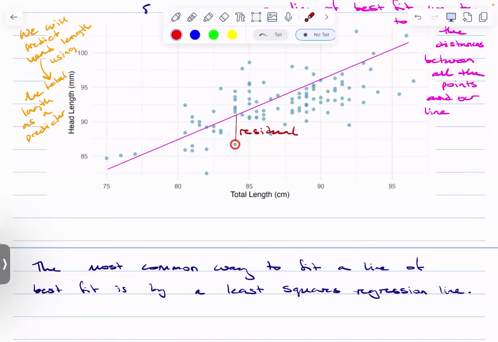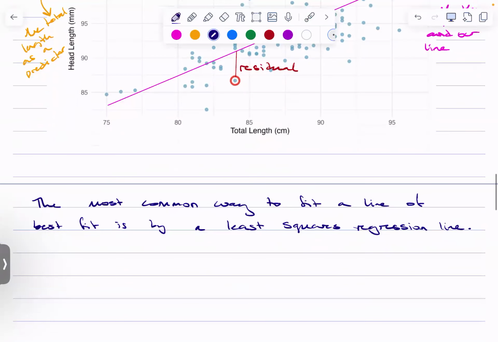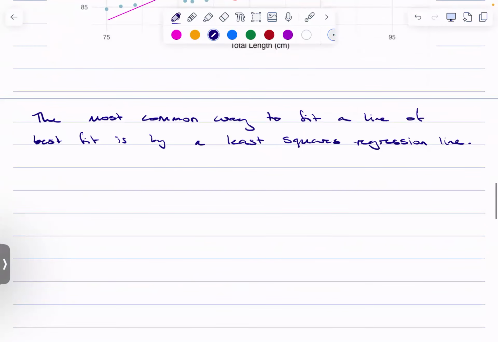The term residual is just a leftover, a leftover distance from the line to the point. So we try to minimize the residuals.